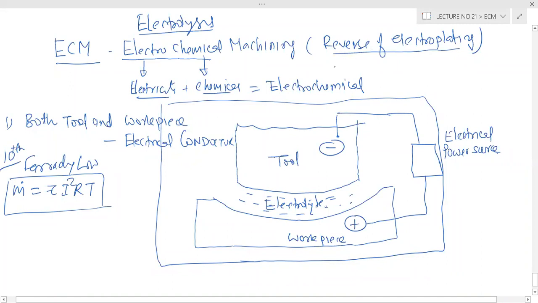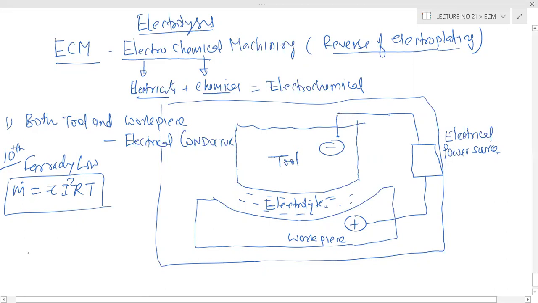Electricity passes through a metallic conductor by movement of electrons, right? Electrons move when we apply a potential difference, from negative to positive, and then electricity passes.